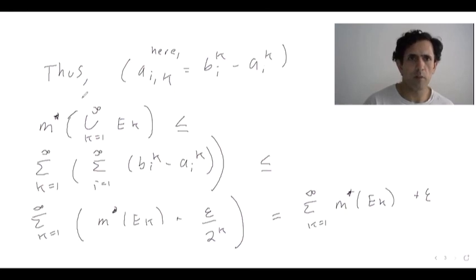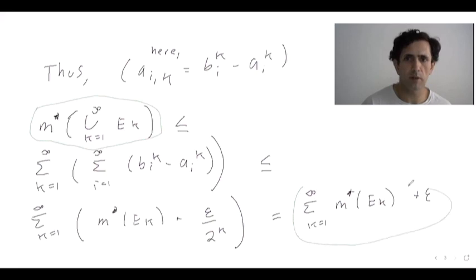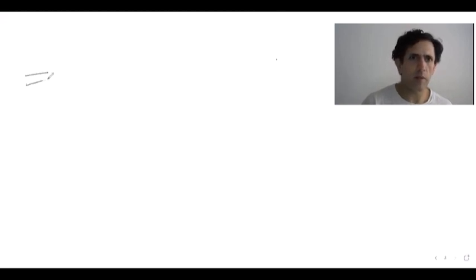So just to summarize here, the outer measure of this union here we found to be less than or equal to the sum here for any epsilon. So therefore that means, well, what we want is true.